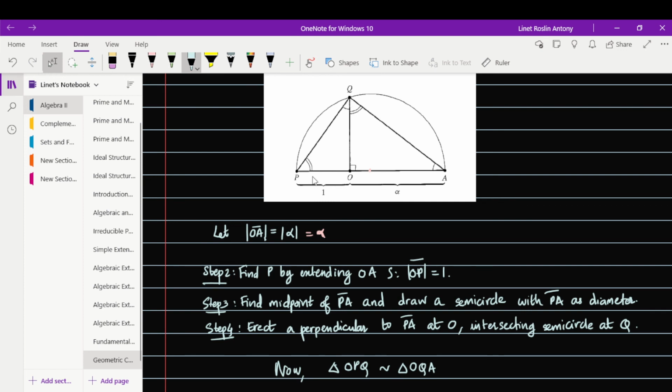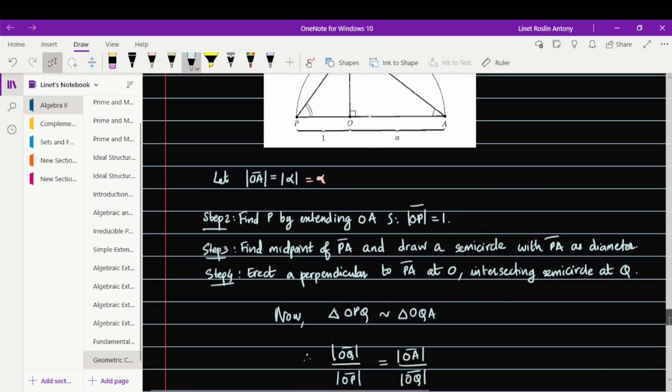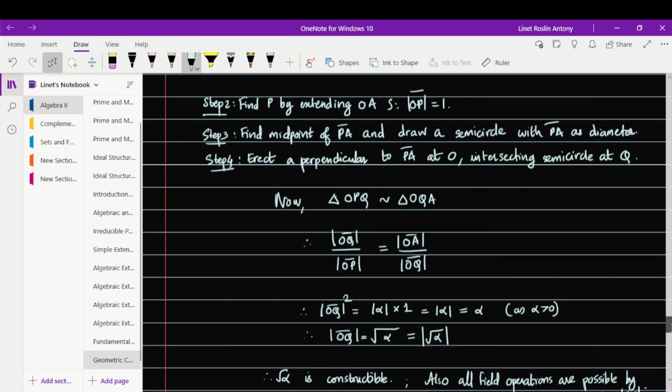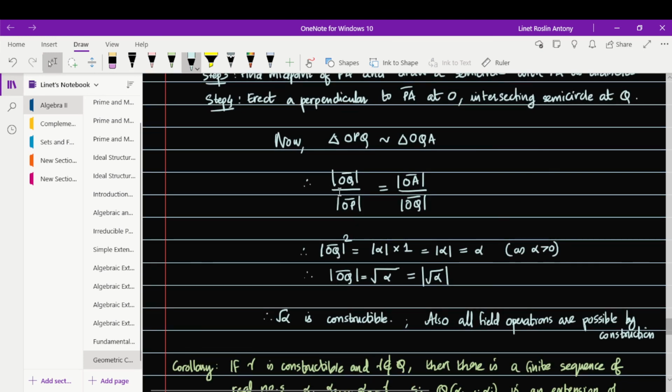In this figure which we have drawn, we understand that the triangles OPQ and OQA are both similar, and using the ratio of sides property of similar triangles, you get modulus of OQ bar by modulus of OP bar is equal to modulus of OA bar by modulus of OQ bar.